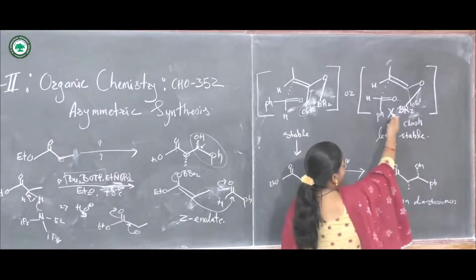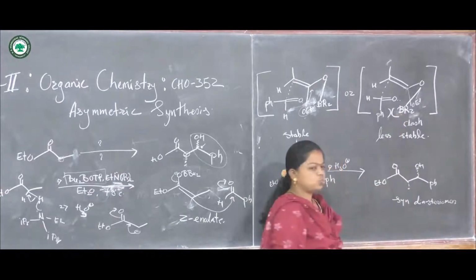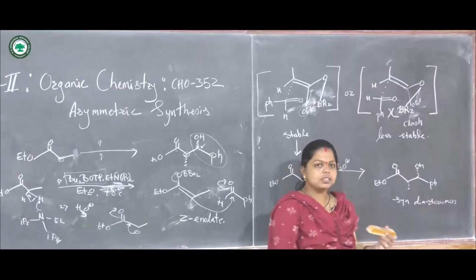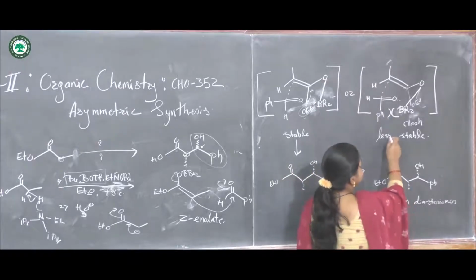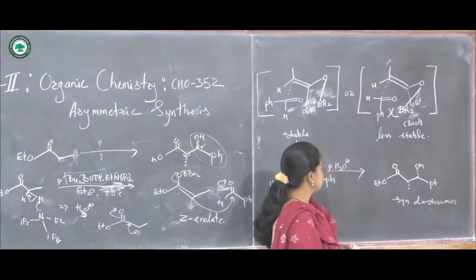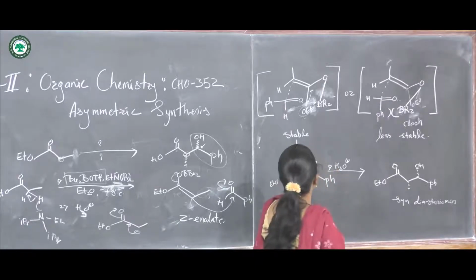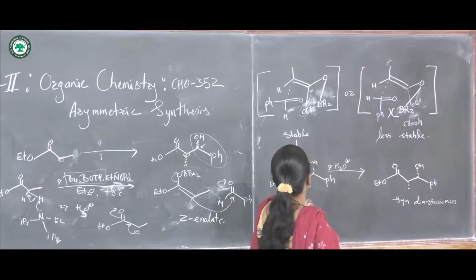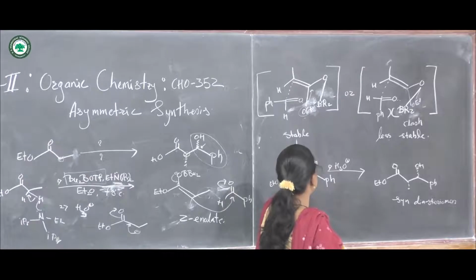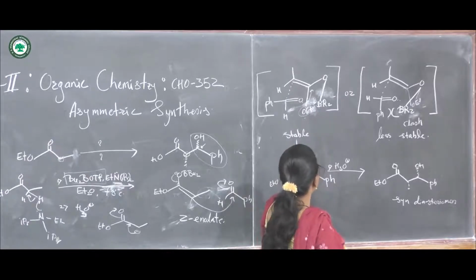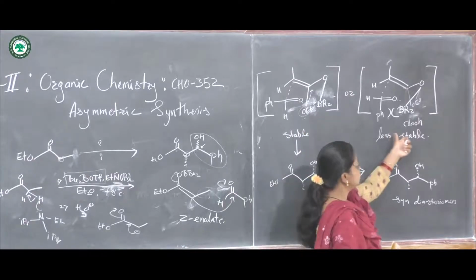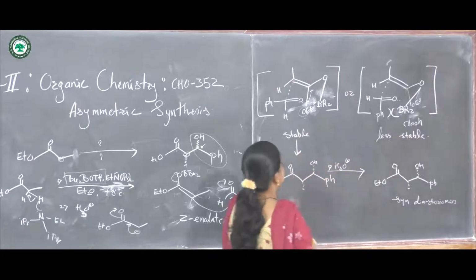So a clash occurs, there is steric hindrance between these two groups. As a result, this becomes a less stable transition state. This is less stable and this is the more stable.